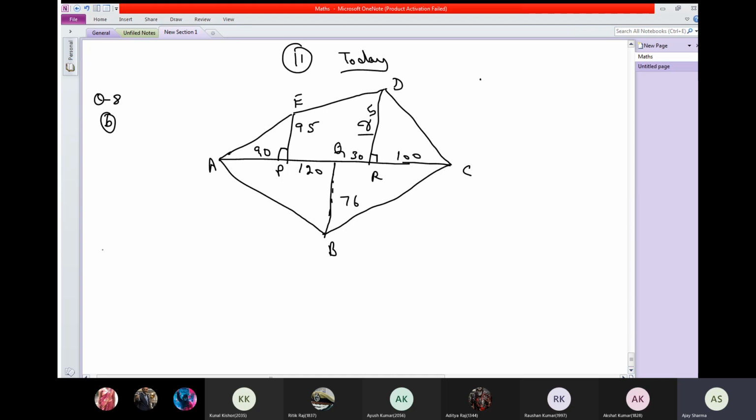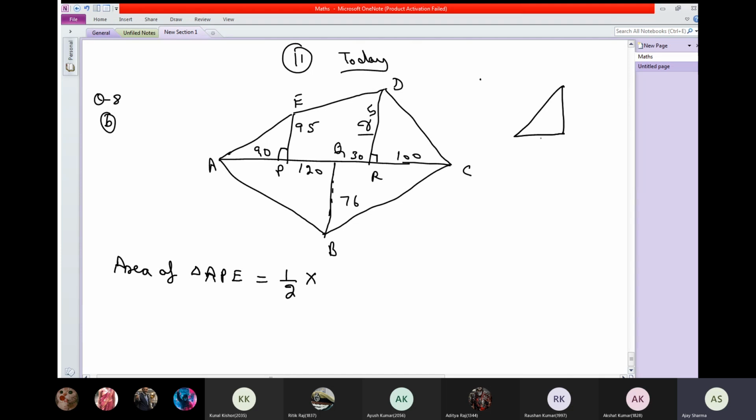First, what is the formula for the area of a triangle? 1 by 2 into base into height. That's okay. 1 by 2 base into height. And first we find APE. What is the base in triangle APE? See this triangle APE.